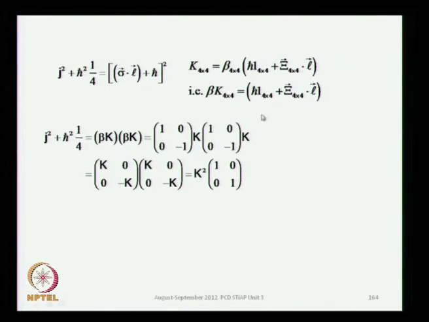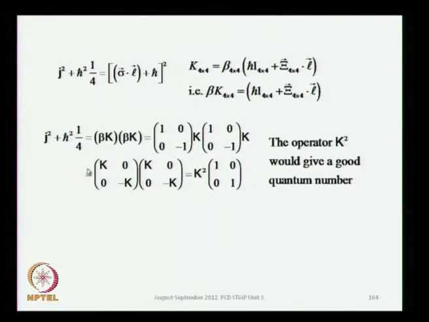So, the eigenvalues of k square will be the same as the eigenvalues of j square plus ħ square 1/4, and you know the eigenvalues of the left hand side. So, what are the eigenvalues of the left hand side?